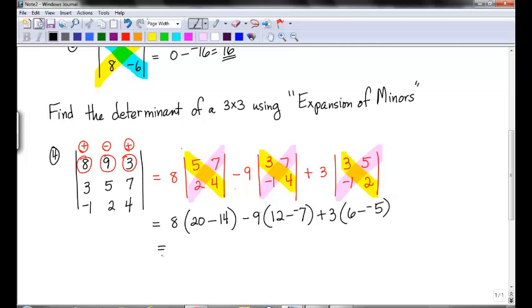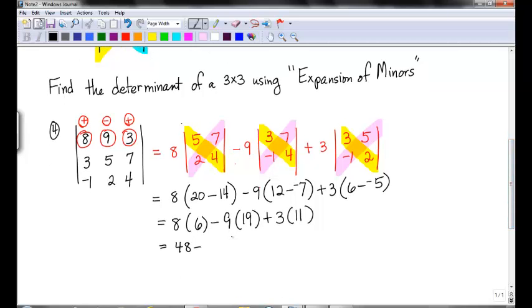Okay. Yep. So I got 8 times 6 minus 9 times 19. Minus a negative would be plus, and then plus 3 times 11. So that'd be 48 minus, if you multiply that out, 19 times 9, 171 plus 33.